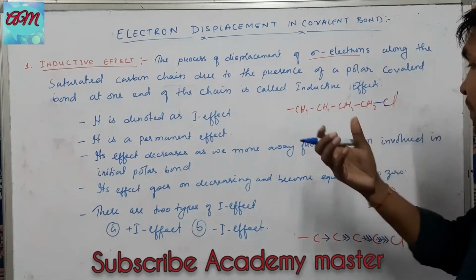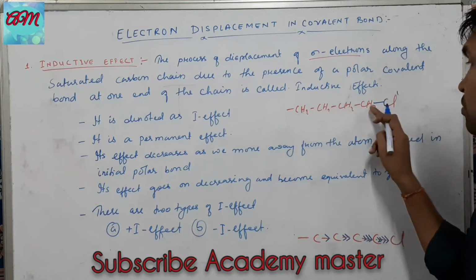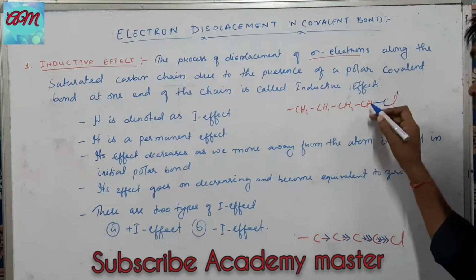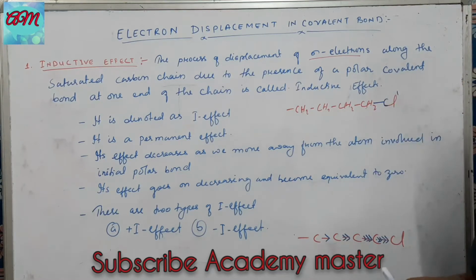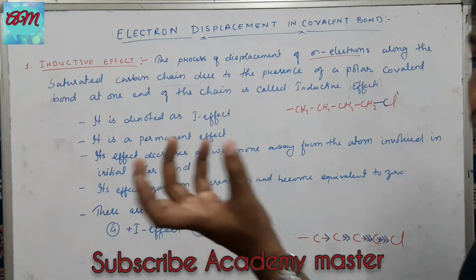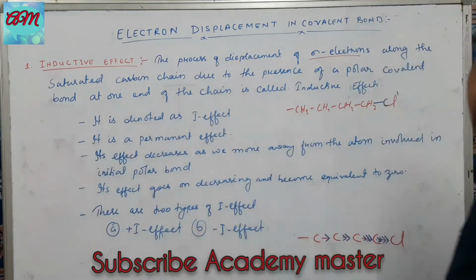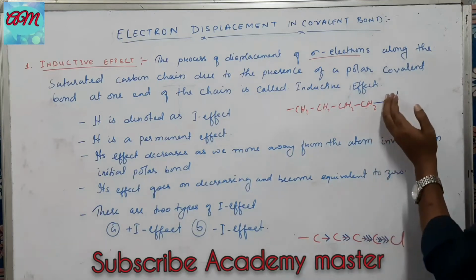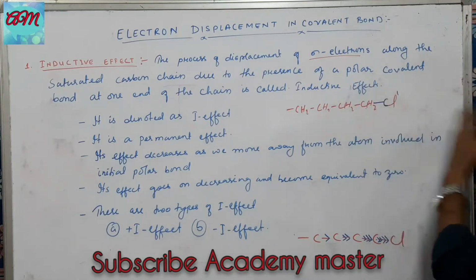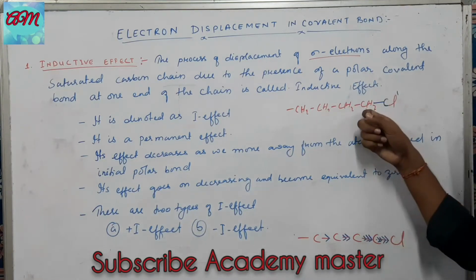It applies an attractive force on the electrons of this carbon. You can understand that electronegative elements are greedy elements that want to take away electrons from others. So this chlorine will try to take away the electrons from these carbons.